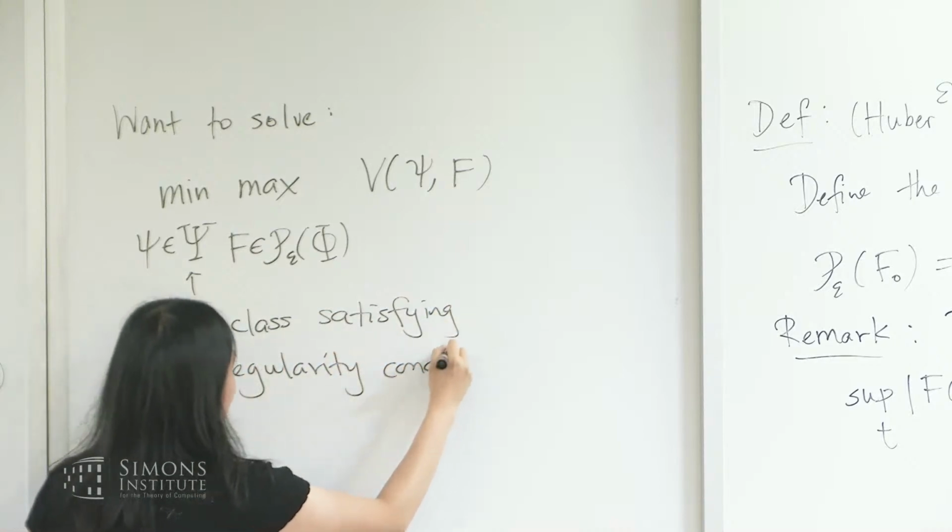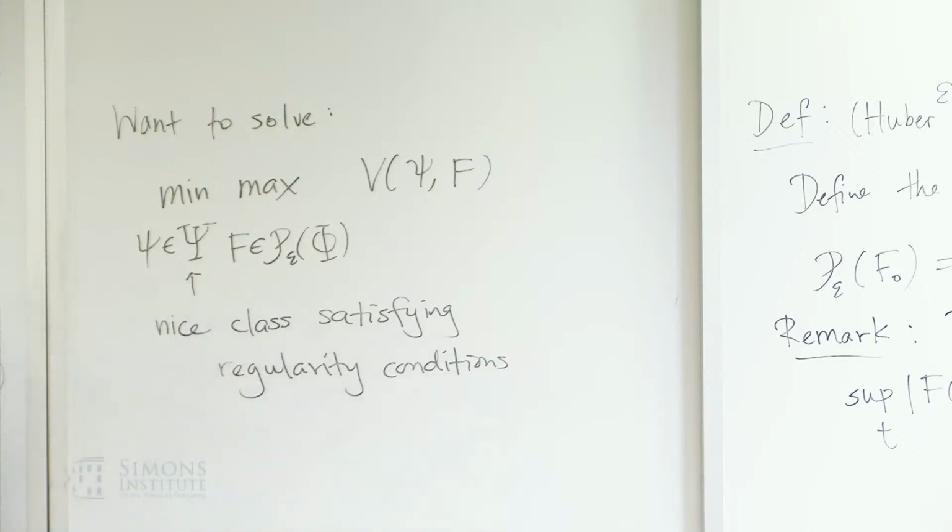In particular, it includes Huber, it includes the quadratic, which gives you the empirical mean. I think it includes anything that's first order differentiable and maybe second order differentiable up to some finite number of points, and probably much more general than that.